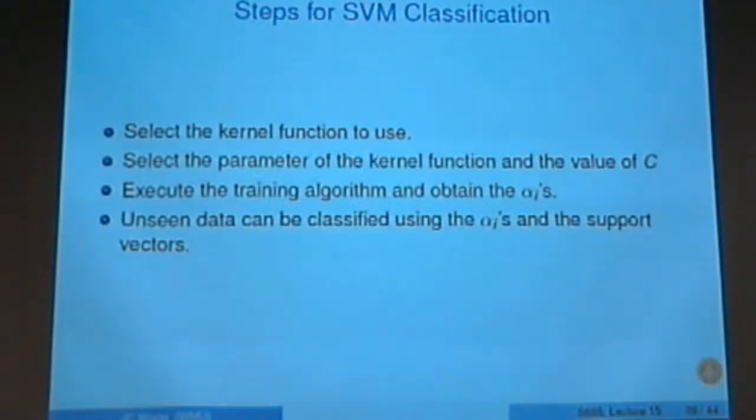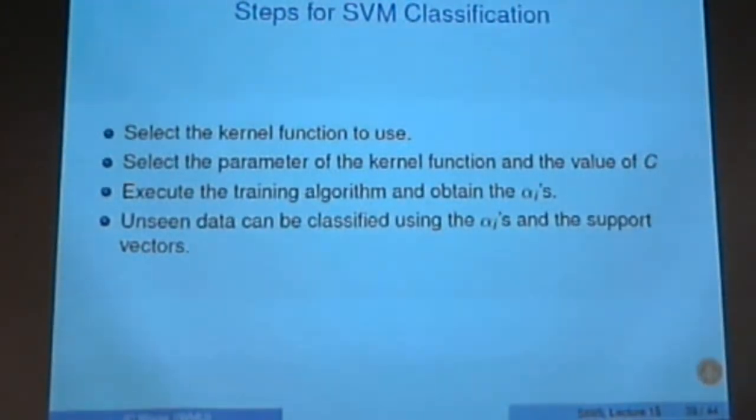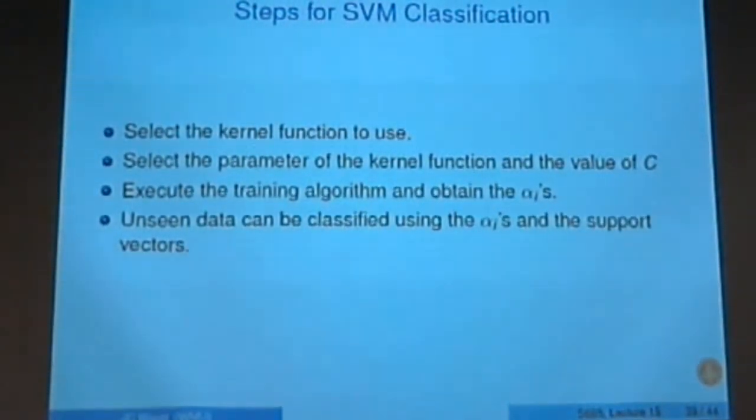For support vector machine classification, you select the kernel function to use, then set the parameters of the kernel function and the value of the cost. We mentioned C-classification, which is what we talk about now. So set the cost, and execute a training algorithm to obtain the alphas.